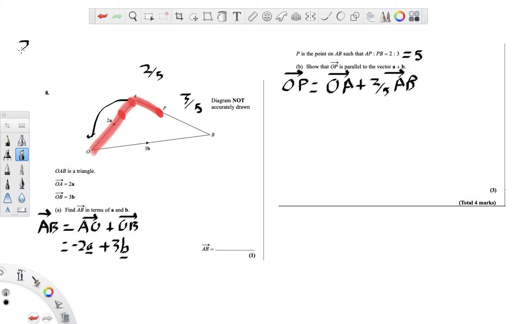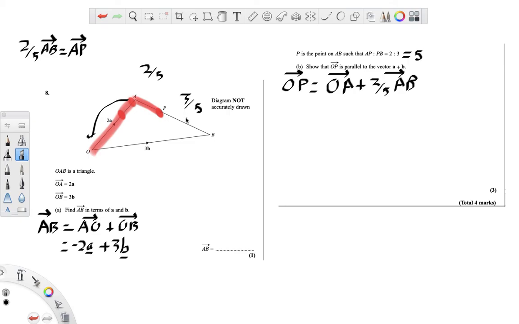So I'll just write that over here. 2/5 of AB, well, that is AP. Similarly, this question doesn't ask, but if we wanted PB, that would be 3/5 of AB.